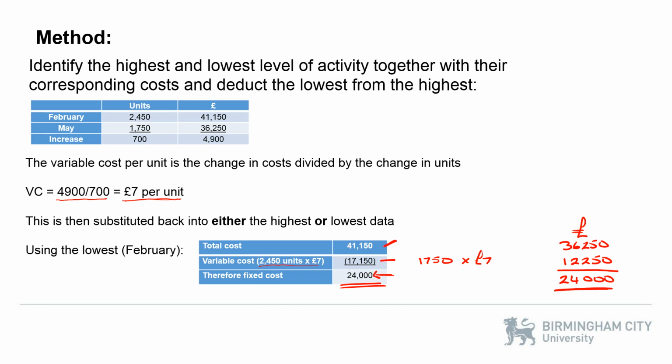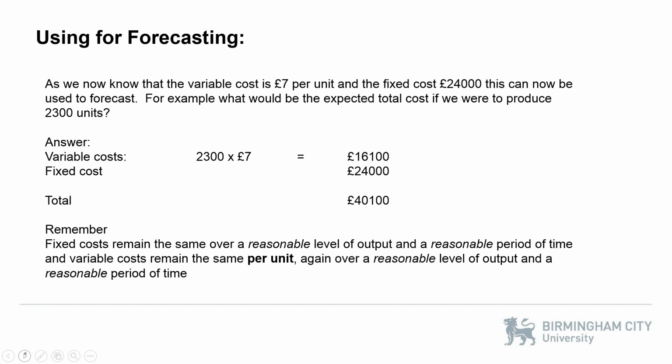We can use this information to forecast. So we know our variable cost is £7, we know our fixed costs are 24,000. So what would be the expected total cost if we were to produce 2,300 units?